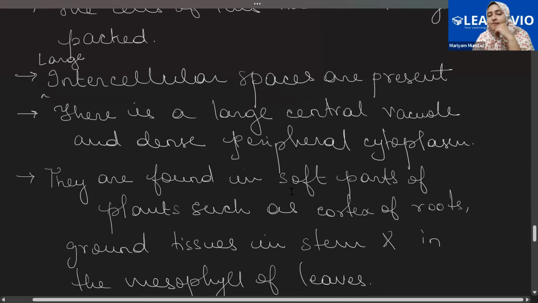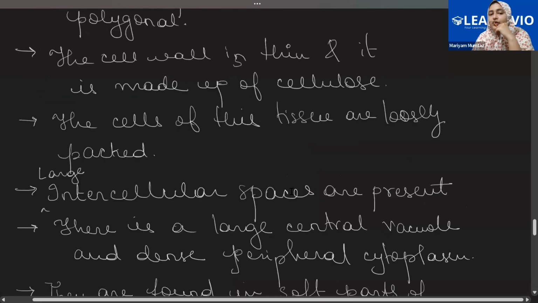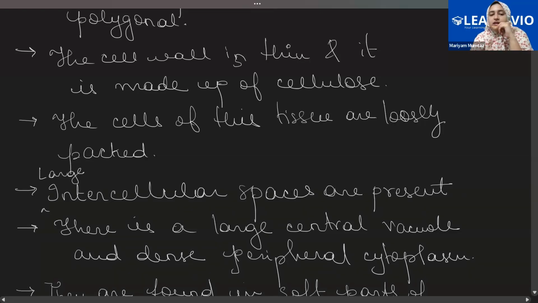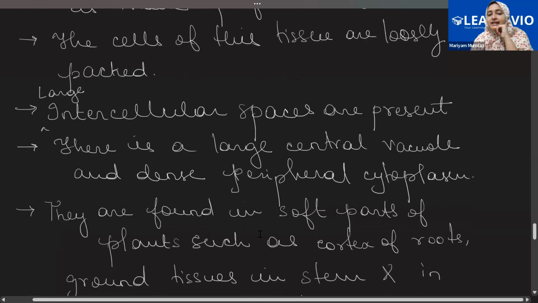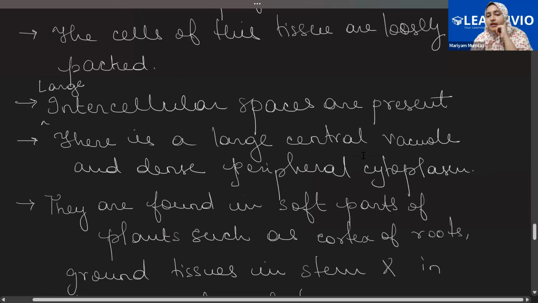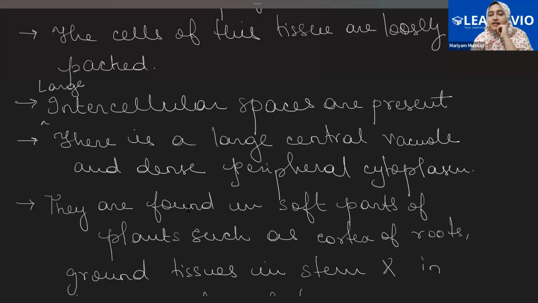Large intercellular spaces are present in them because the cells are loosely packed, so all of the neighboring spaces are empty. There is a large central vacuole and dense peripheral cytoplasm. The cytoplasm present in them is peripheral in position. The vacuole occupies the central or the middle position of the cell.